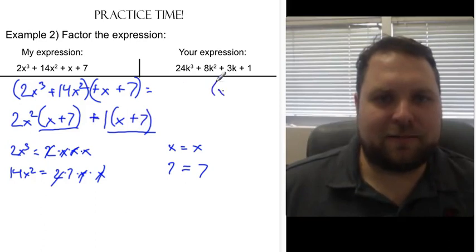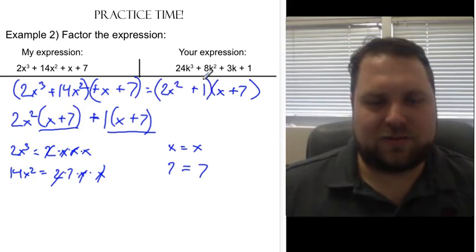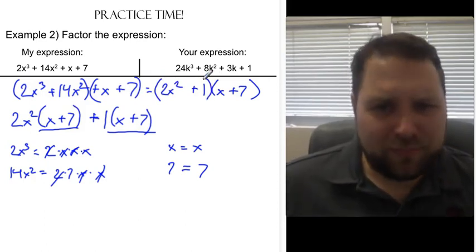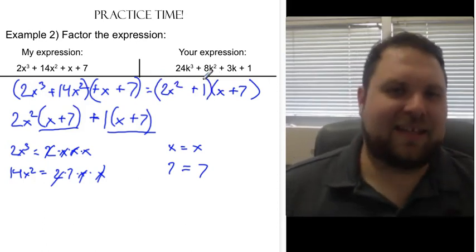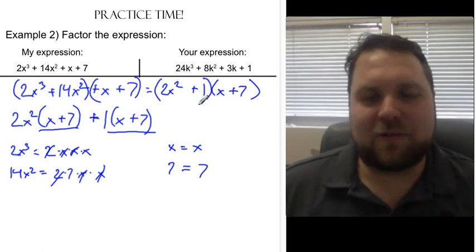So we rewrite it. We have our x plus 7, and we're distributing a positive 1 and a 2x squared, just like that. And so we can see that we have a binomial times a binomial. You can multiply them all out and see if it works.